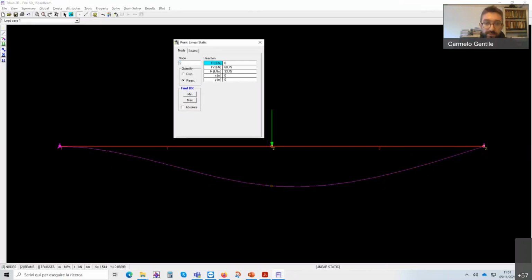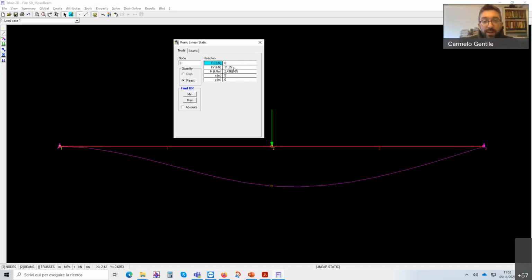Then node 2. Here x and y state the position of the node in the plane. In the node 2, obviously the reactions are equal to 0 because we have no restraint. In the node 3, we see that we have 0 horizontal force. Obviously, we have a roller.